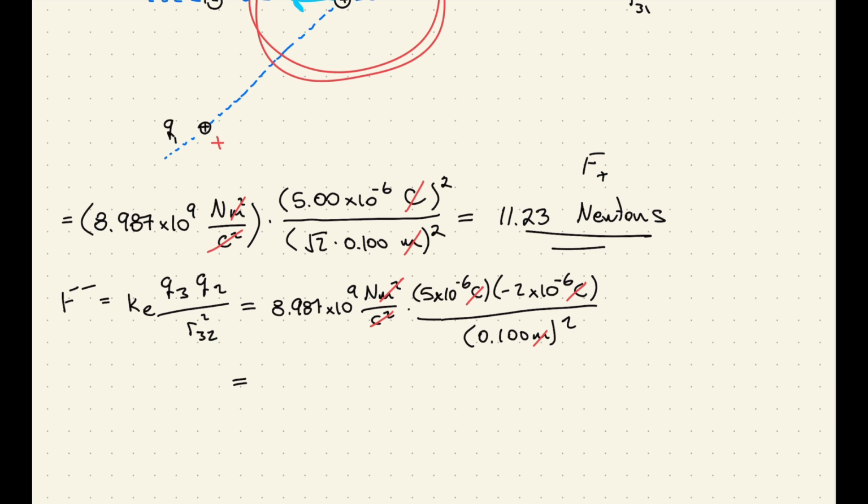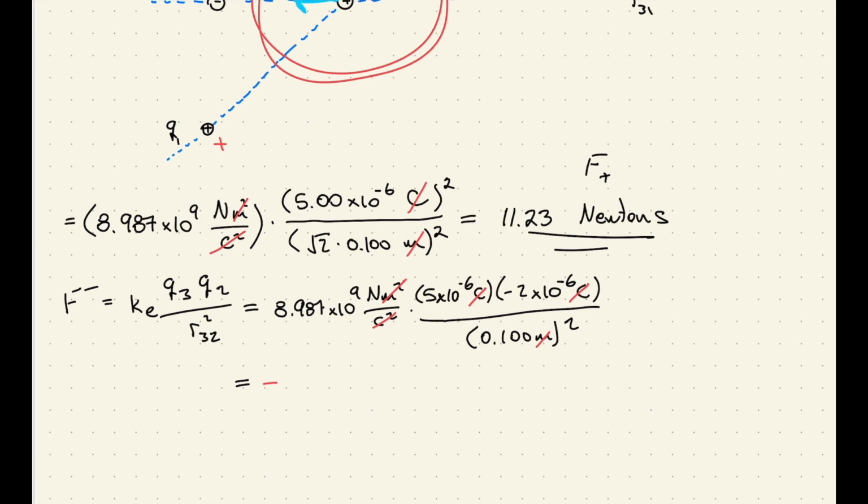Now let's plug everything in. 8.987 times 10 to the 9 times, I'm going to do open brackets because I have lots of scientific notation and I don't want anything to get messed up. Open bracket 5 times 10 to the minus 6 close bracket times open bracket minus 2 times 10 to the minus 6 close bracket divided by open bracket 0.1 close bracket squared, boom.